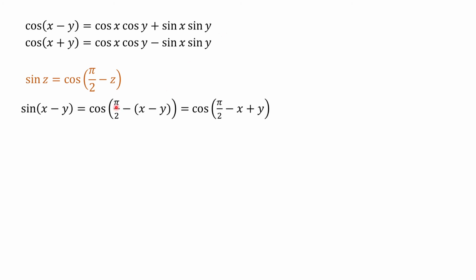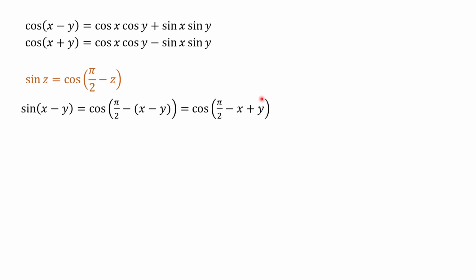So we're going to take a sine of the difference, and we can represent this using this formula right here as a cosine of pi over 2 minus that difference. If we simplify it, we get pi over 2 minus x plus y. And the next thing I want to do is I'm going to consider pi over 2 minus x as one angle, and y is the other angle.